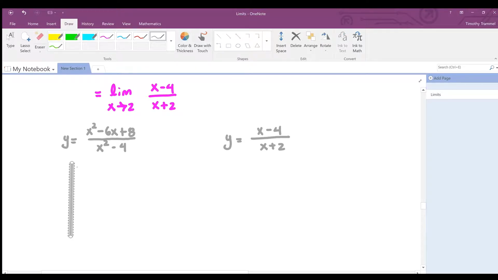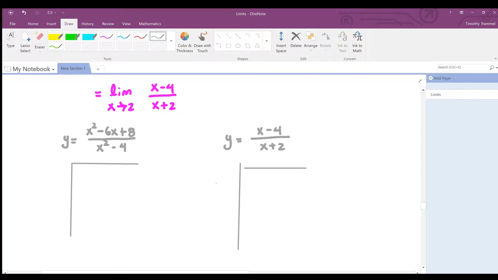And I'm just going to look in one quadrant. I'm going to look in the fourth quadrant. Let me see if I can do a little bit better job there. Apparently not.